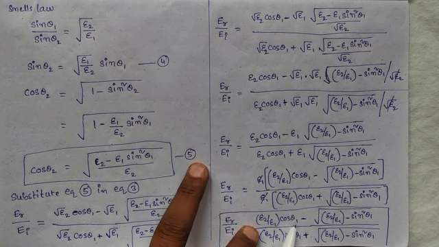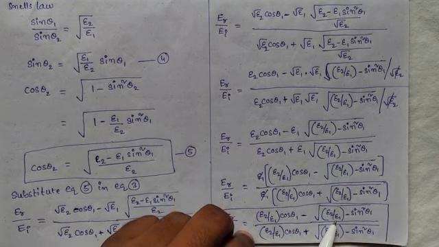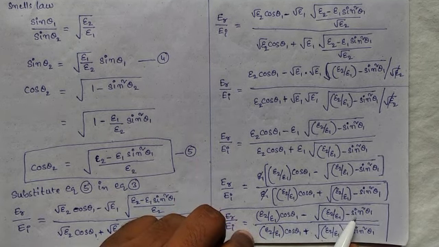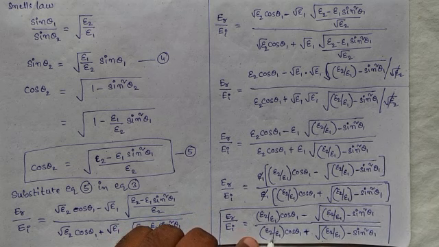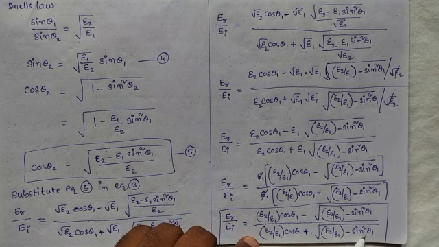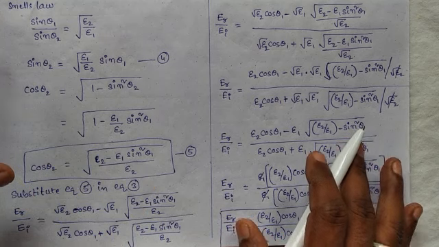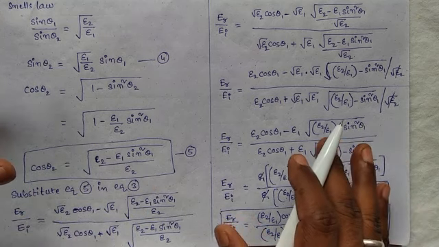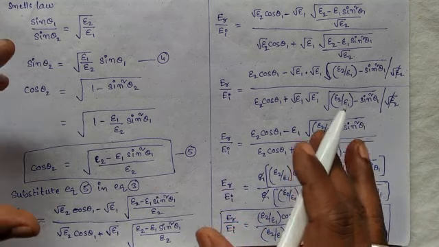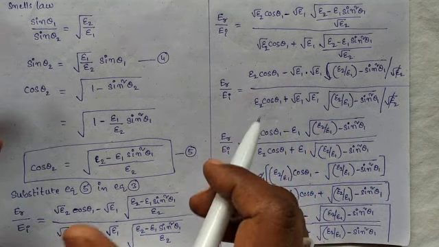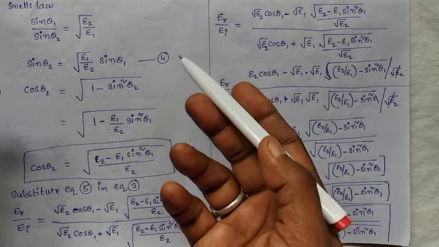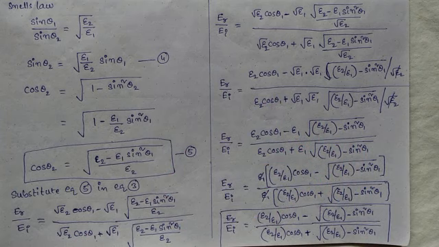Epsilon 2 by epsilon 1 cos theta 1 minus square root of (epsilon 2 by epsilon 1 minus sin square theta 1), by epsilon 2 by epsilon 1 cos theta 1 plus square root of (epsilon 2 by epsilon 1 minus sin square theta 1). This is the determination of the reflection coefficient for vertical polarization, when the wave is incident obliquely at the interface between the two dielectric mediums.